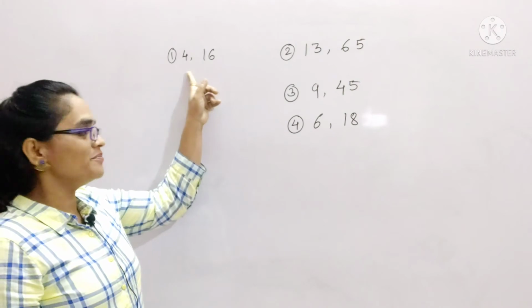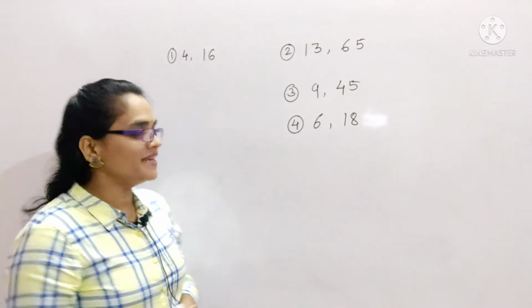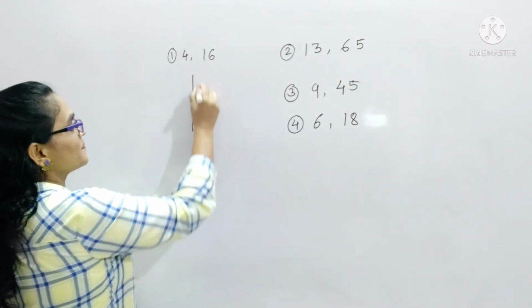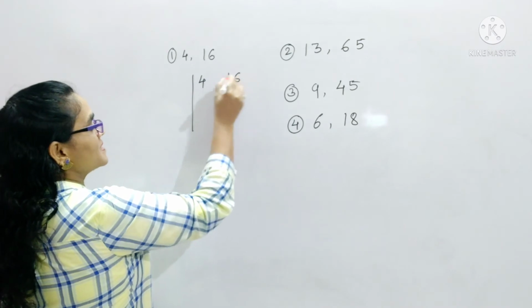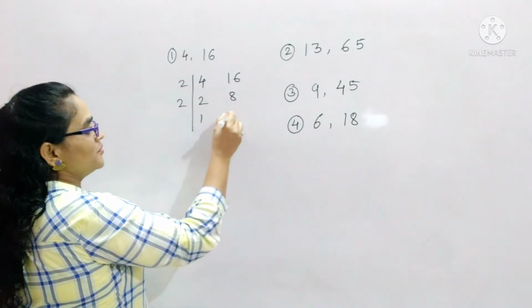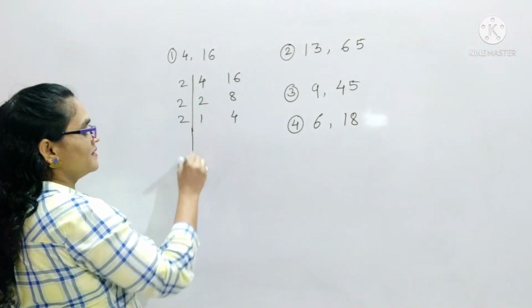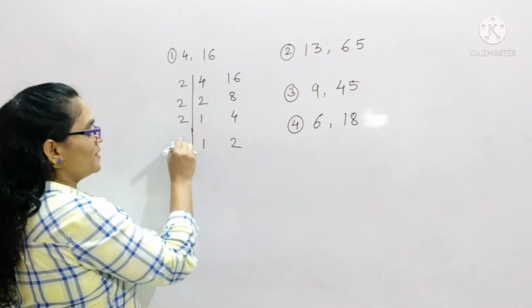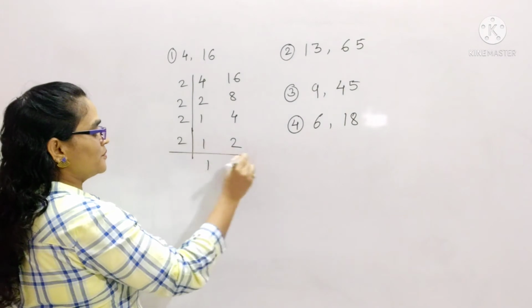See, what is the example? 4 and 16. Let's find its LCM. 2 2s are 4, 2 8s are 16, 2 1s are 2, 2 4s are 8, 2 2s are 4, 2 1s are 2.